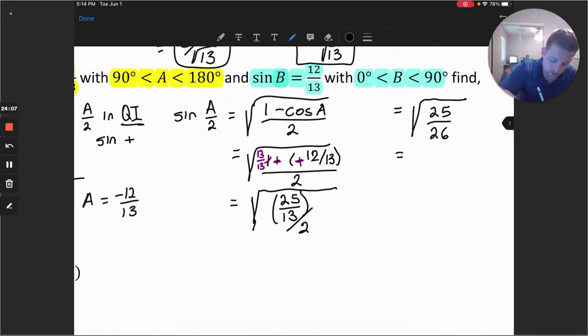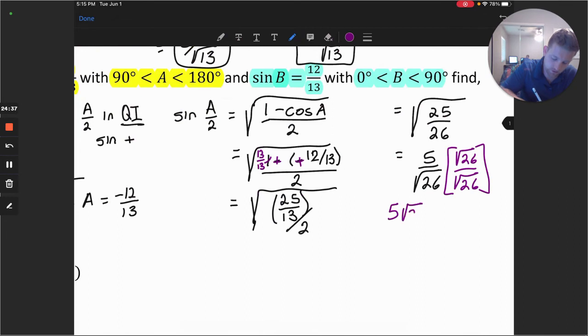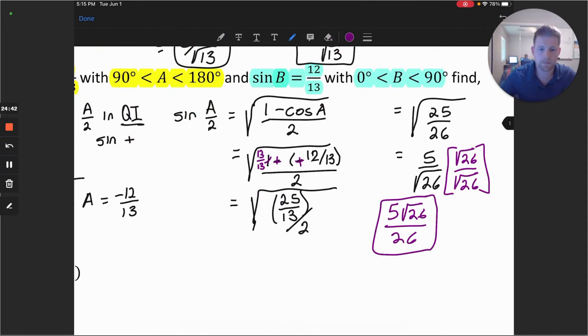Or we could represent that as 5 over the root of 26. If we wanted to rationalize this, we can. This would be 26 root of 26, and so we'd have 5 roots of 26 over 26. And that would be complete.